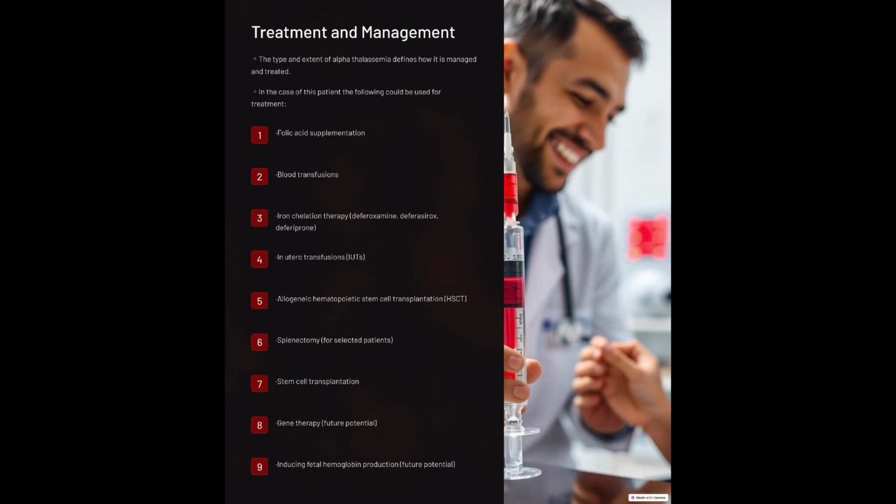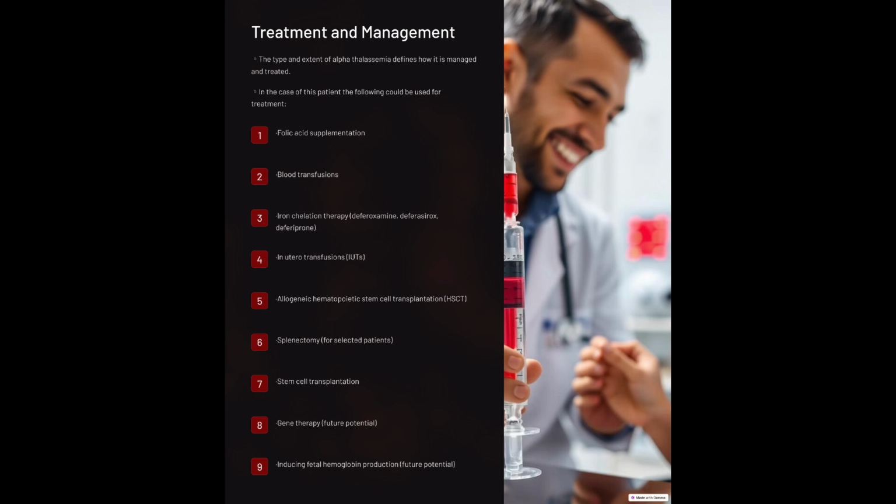Stem cell transplantation is a potentially curative treatment for alpha thalassemia, although it is risky and only appropriate for a small percentage of patients who can be matched with donors. Researchers are also looking at new treatments, including gene therapy and techniques to increase fetal hemoglobin production, with the intention of improving management in the future.